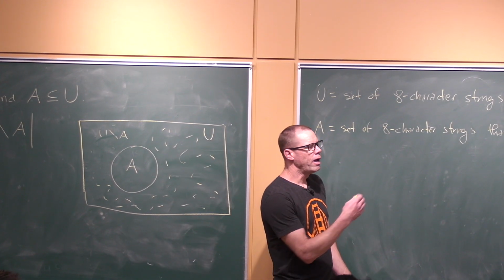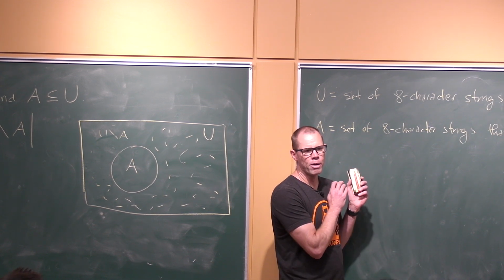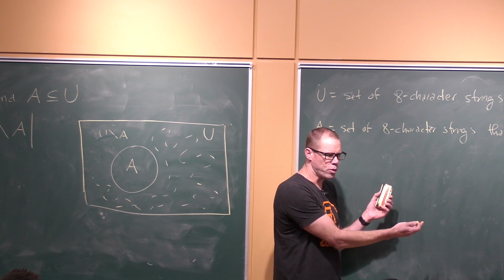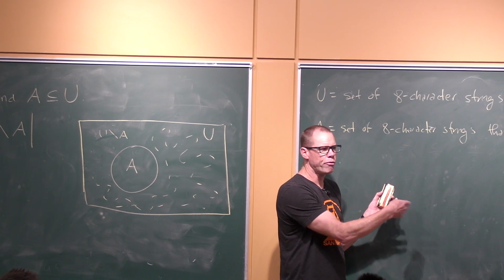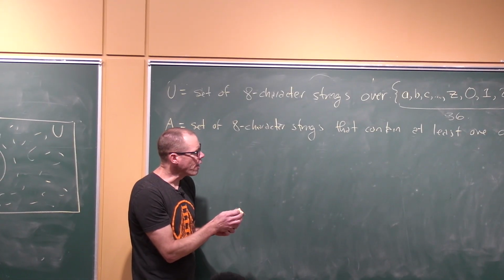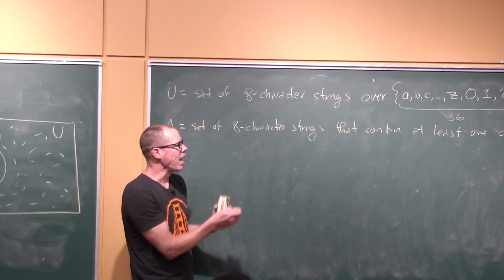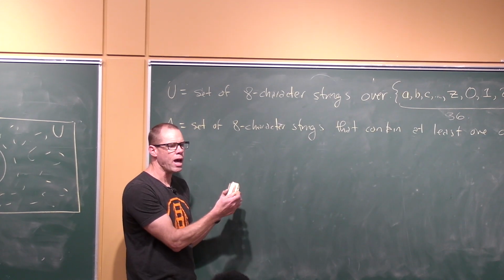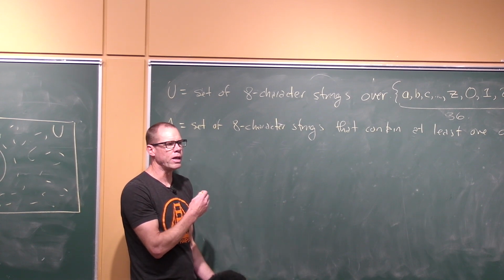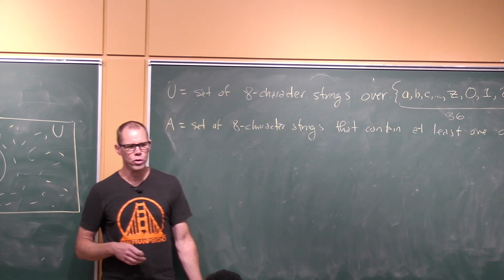In particular, if I have already chosen a digit among my first i characters, then when I'm choosing the i plus first character, I'm free to choose anything, a letter or a digit. On the other hand, if I get to the last character, the 8th character, and I haven't chosen a digit yet, well, the last one has to be a digit. And so you see that it's going to be hard to think of a procedure where no matter how the procedure executes, you have the same number of choices at each step.